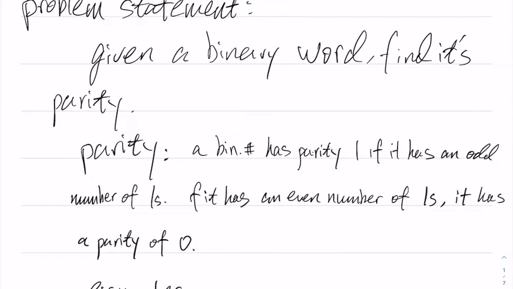We say that a binary number has a parity of 1 if it has an odd number of ones in it. Likewise, the binary number has a parity of 0 if it has an even number of ones.